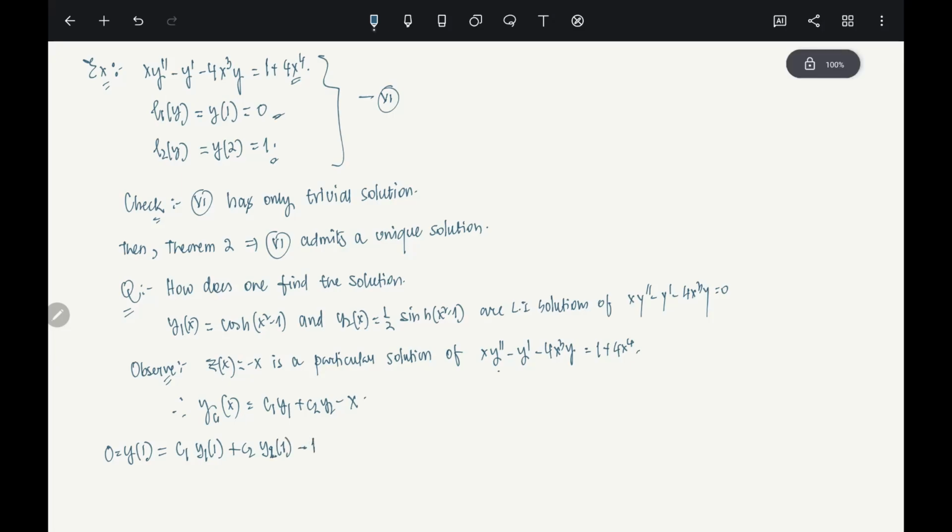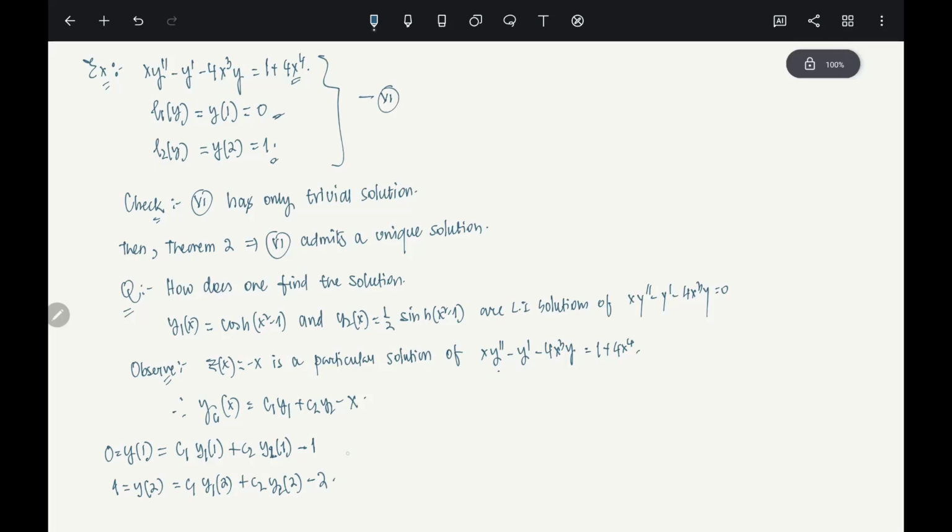Clear? And the other condition is 1 = y(2), which is c1 y1(2) + c2 y2(2) − 2. Is it okay?